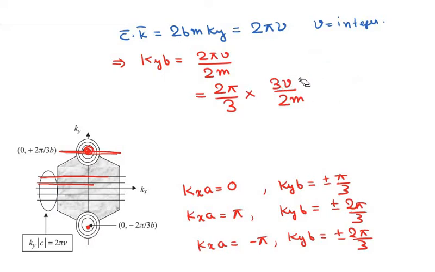Okay, if m is not a multiple of 3, let us say that m is equal to 11, in that case we really cannot find any value of v for which this entire thing is equal to 1.